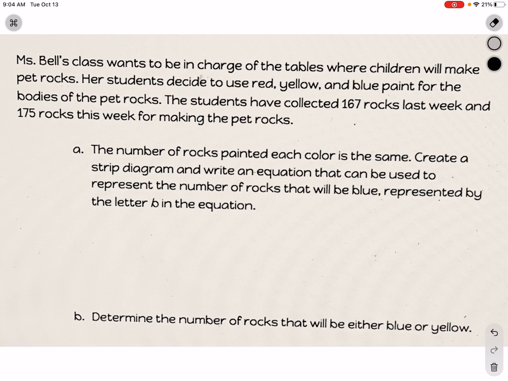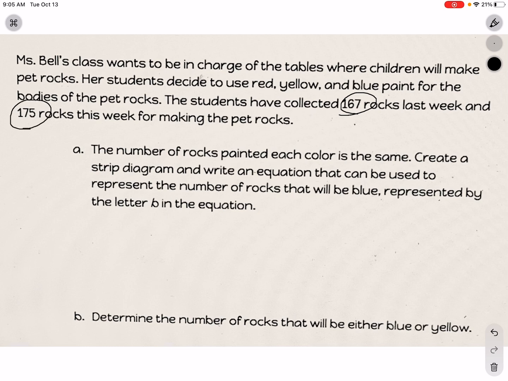We know that we have 167 rocks collected last week and 175 rocks collected this week.